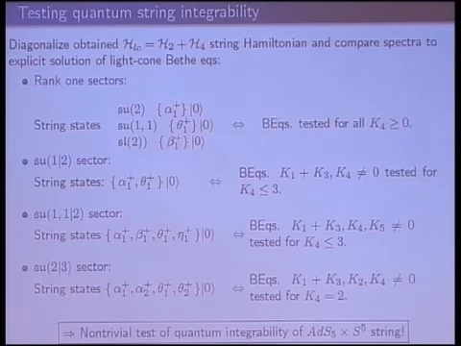I was very surprised how complicated it was. I thought we could go much higher when we started this project. So here smaller than 3, and there we actually only could test K4 equal 2. But nevertheless, I think it's fair to say that this is a non-trivial test of the quantum integrability of the AdS5 x S5 string.